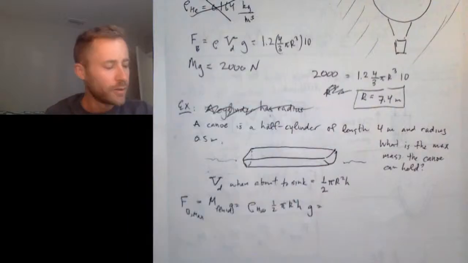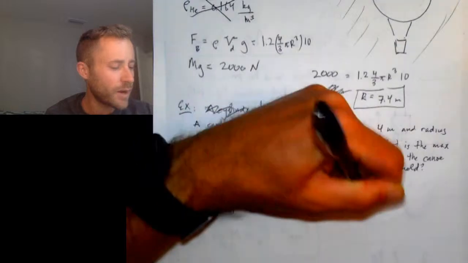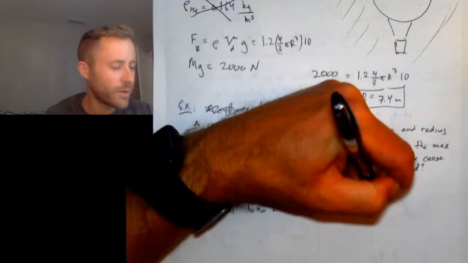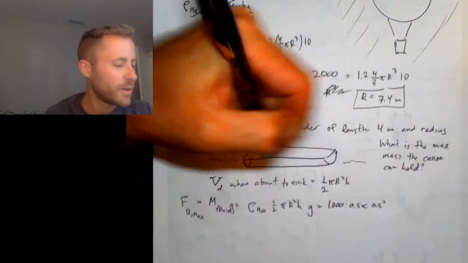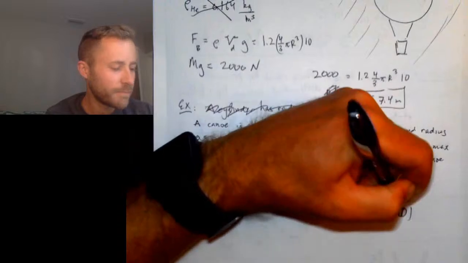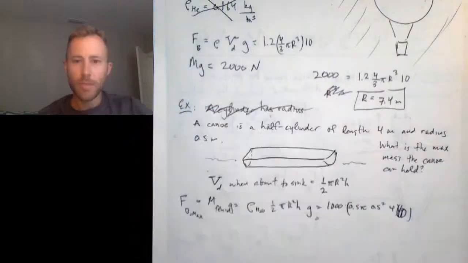So the maximum buoyant force is this. We have 1,000 times 0.5 times pi times r squared. It has a radius of 0.5, times h, which is 4, times gravity, which is 10.